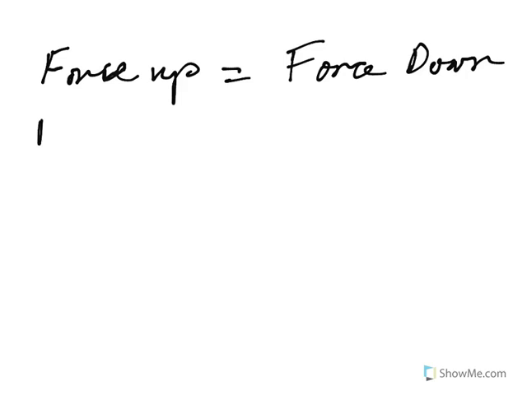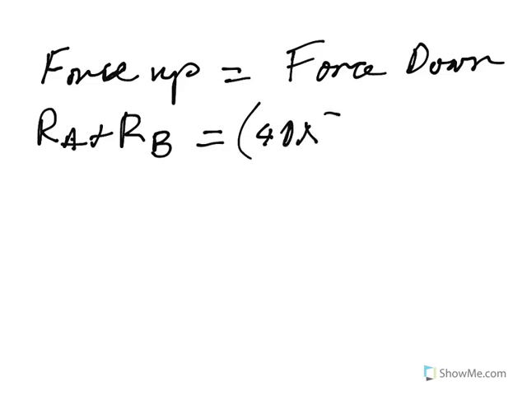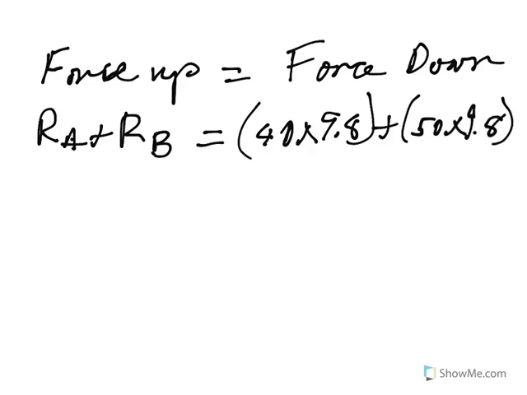Now the force up is the two reaction forces, and the force down is our two weight forces, so 40 times 9.8 and 50 times 9.8. Now we've just figured out the reaction at A is 359.3, plus the reaction at B.